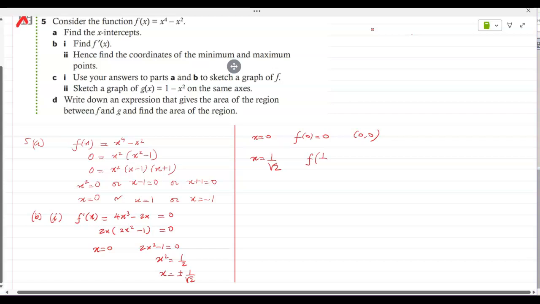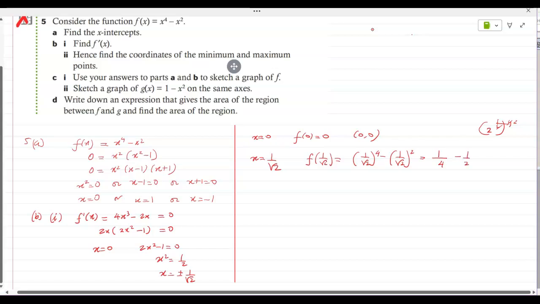So f of 1 over root 2 is equal to 1 over root 2 raised to 4 minus 1 over root 2 square. So what is the raised to 4? 1 and 2 raised to 4. So 1 over 4. So 2 square, 1 over 4, correct. Minus half.